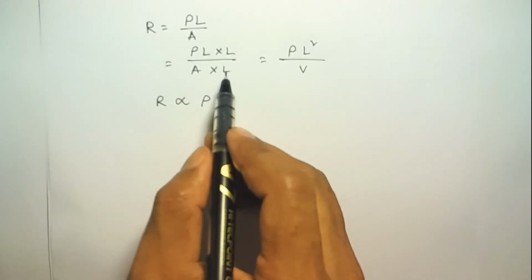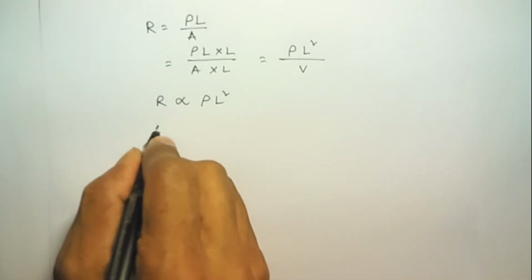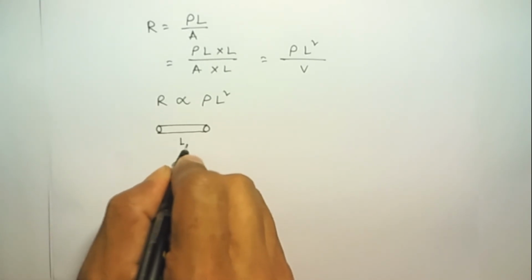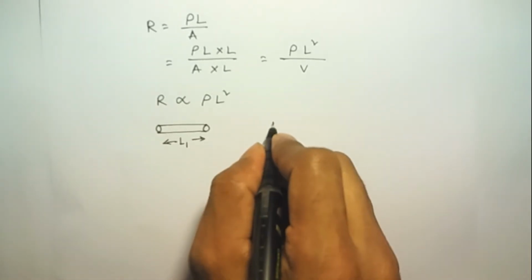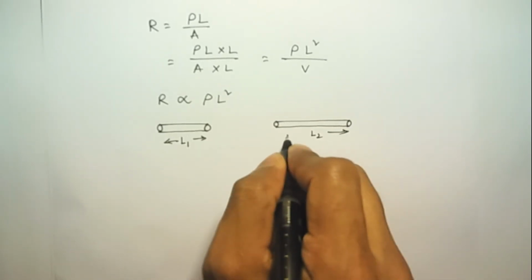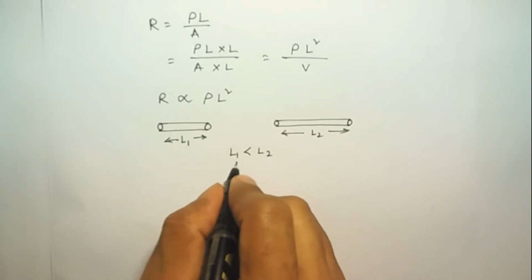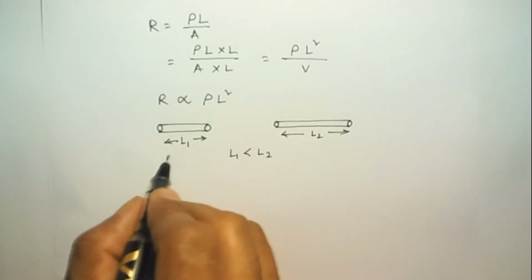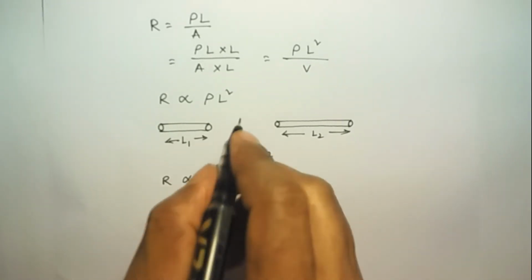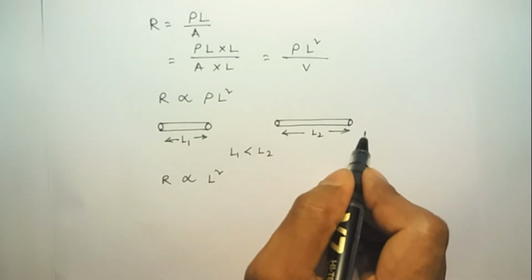Why have we multiplied L in the numerator and denominator? Because if we take an example of a conductor where this is L1 and it has been elongated up to L2, and L1 is lesser than L2, then we can say R is proportional to L square, because rho is fixed for any kind of conductor.